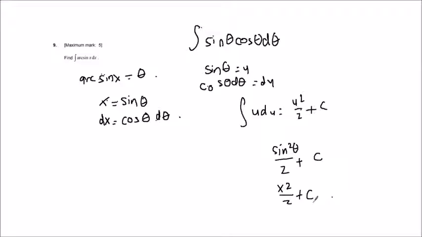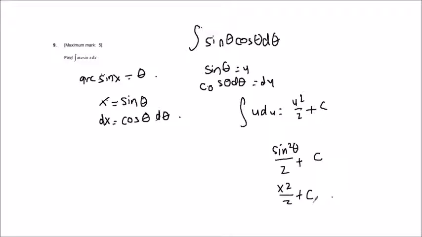It's arcsine x. Arcsine x equals theta, x equals sine theta, dx equals cosine theta d theta.